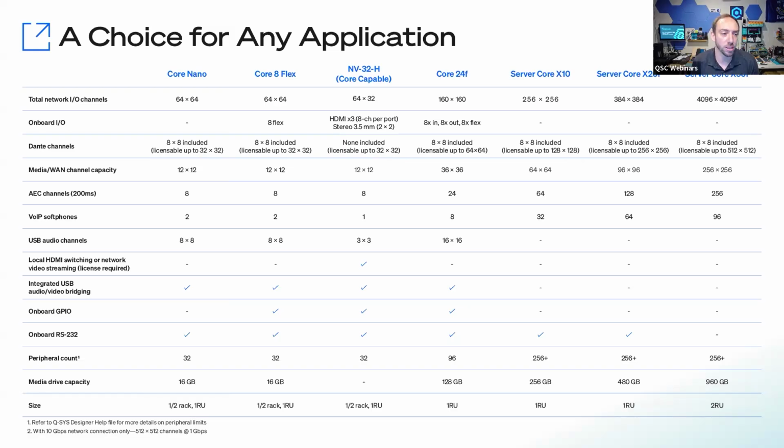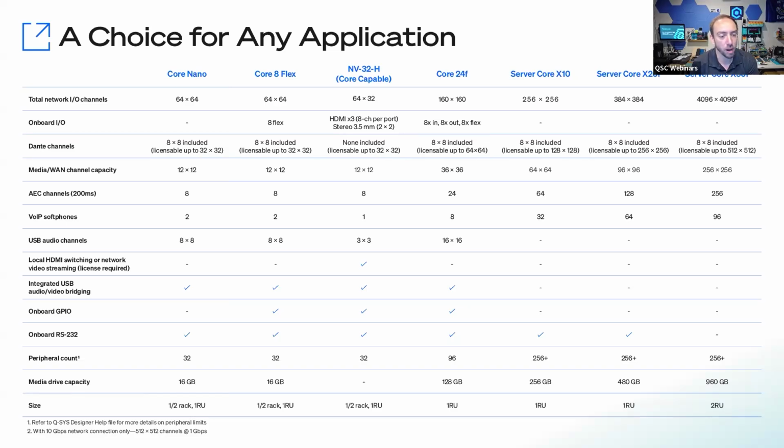If you have a core that does not have software Dante, you can reach out to your area manager, and if you just need an 8x8 license, we can work with you on that. It does have to be purchased.